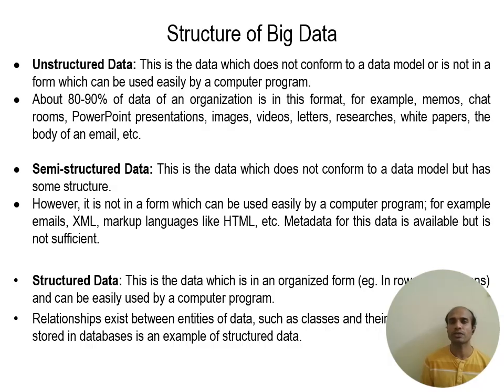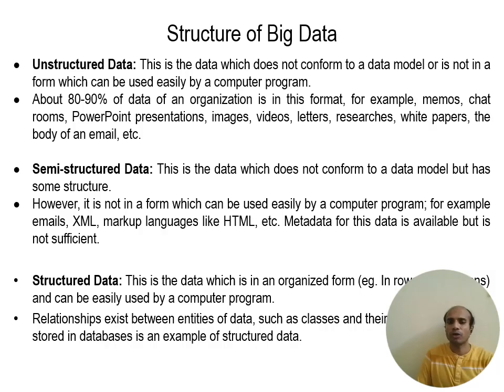I can say it has proper rows and columns and can be easily used by people because it's well organized, having the necessary information. So it can be processed easily by a computer. Relationships exist between entities of data, such as classes and their relationships stored in a database. I can say that is structured data.